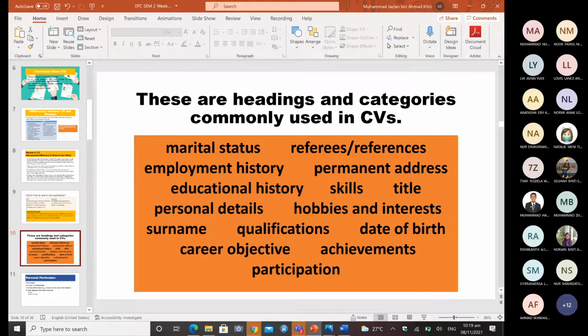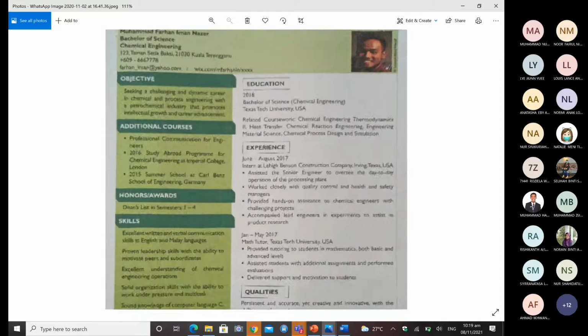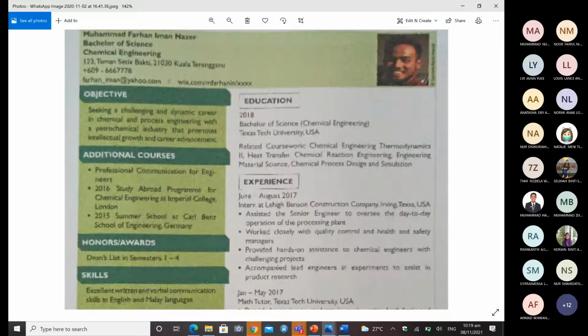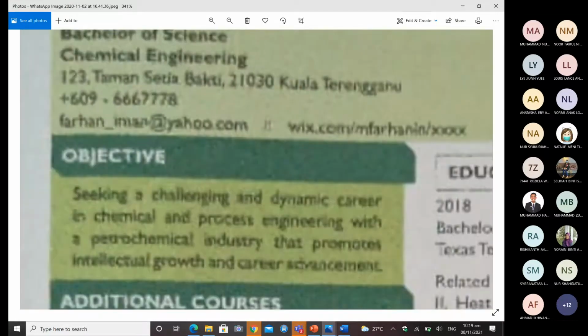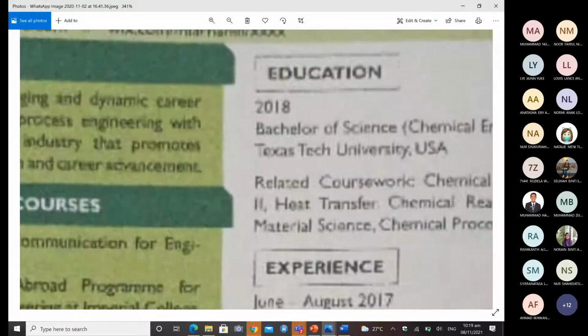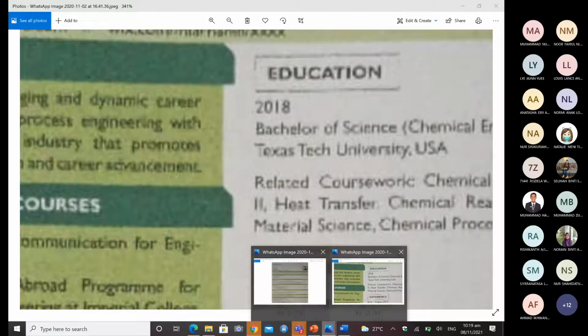The following are the important headings, the major titles that you need to include whenever drafting a CV. When you look at the following sample CV, the following words are in uppercase letters, such as objective, additional courses, education, and experience.